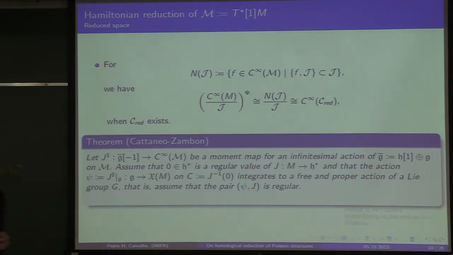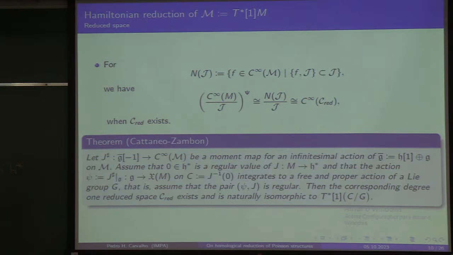It says that if you start with this graded moment map for this action, and you assume this regularity condition, which is essentially here to guarantee that the reduced space, the leaf space of C by this distribution, exists, then this space that you construct is actually the shifted cotangent bundle of the leaf space. What does it mean?